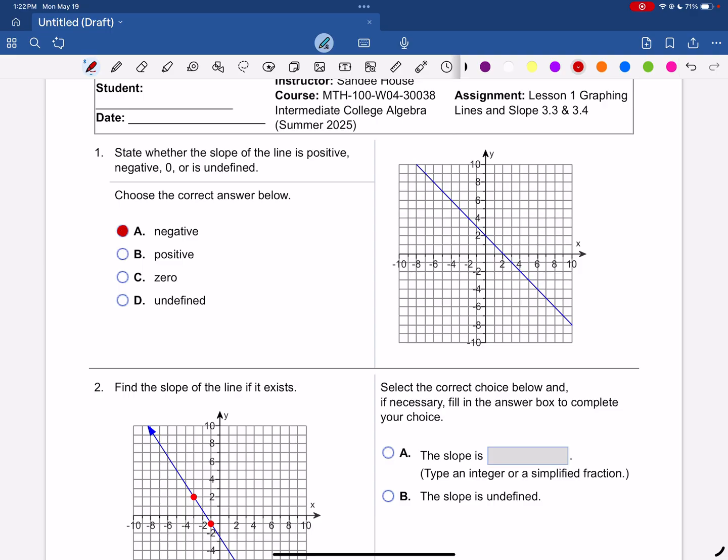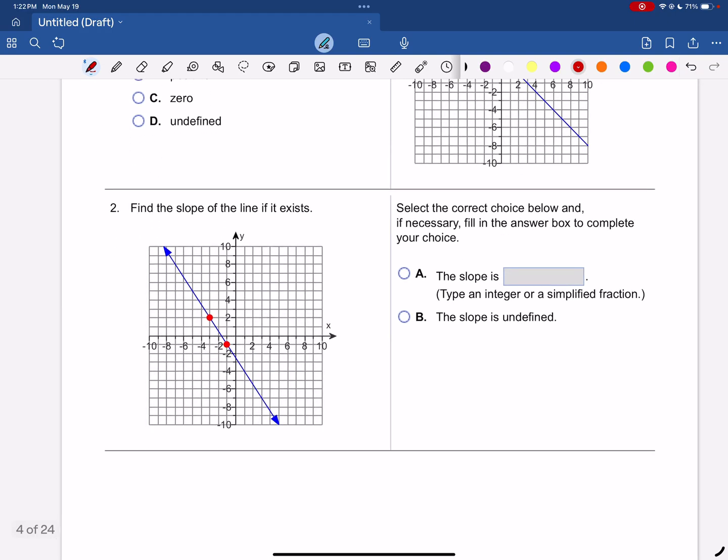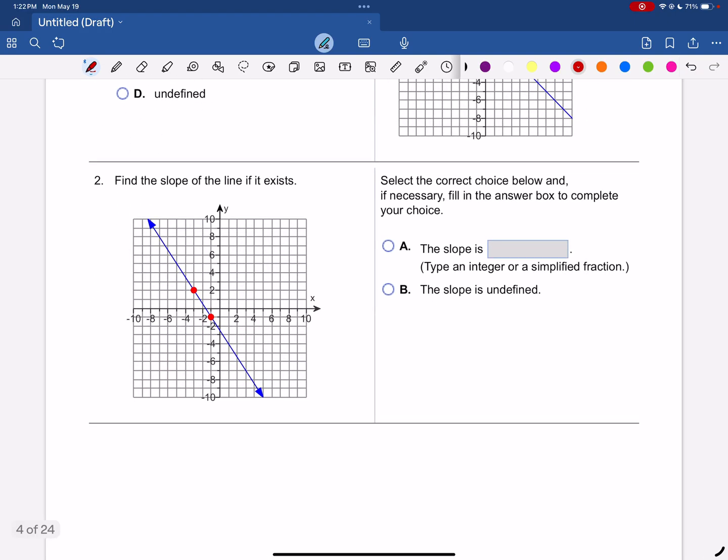Now yours will be different, possibly, because the problems in my math lab are algorithmically generated. So we're going to find the slope of this line if it exists. Well, this line, I could just count my rise and run, but look, it's going downhill.